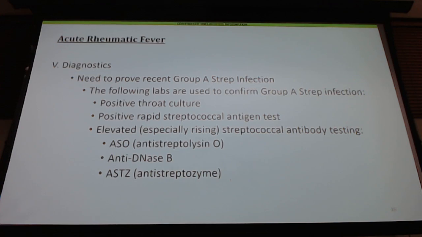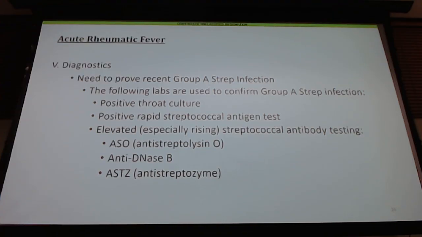Let's revisit the first criteria to say somebody has rheumatic fever, which is the evidence of a group A strep infection. So if they didn't come to see a medical provider 2 or 3 weeks ago to get their rapid strep test or their throat culture done, how can we diagnose this patient with a recent strep infection? You can still do the rapid strep test, you can still do the throat culture, just to see if it happens to be still positive.